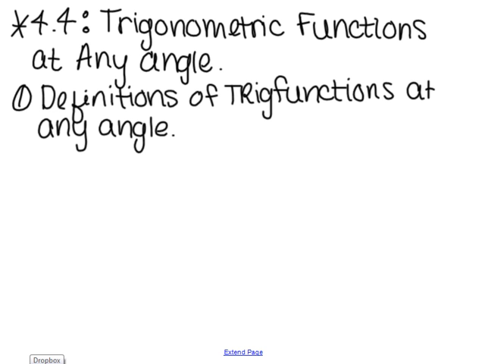Now before we define these, I would like to go through some stuff we've already talked about. Number one, we've talked about the ratios for sine, cosine, tangent, cotangent, secant, and cosecant. We've also talked about the center to an angle in standard position on our unit circle.